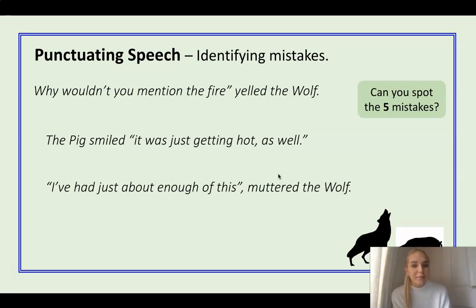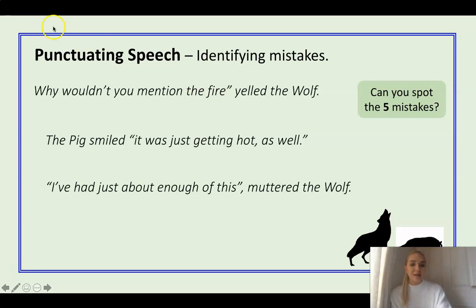Okay, so number one, did you spot the mistakes? I can see that I have got our closing inverted commas here, but I haven't got my first set of inverted commas. Now I need to decide what bit is being said. "Why wouldn't you mention the fire?" yelled the wolf. I can see my direct speech is, why wouldn't you mention the fire?